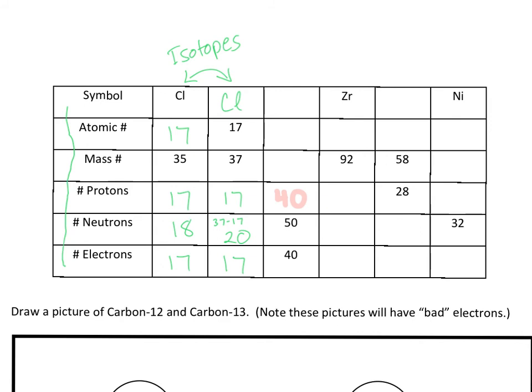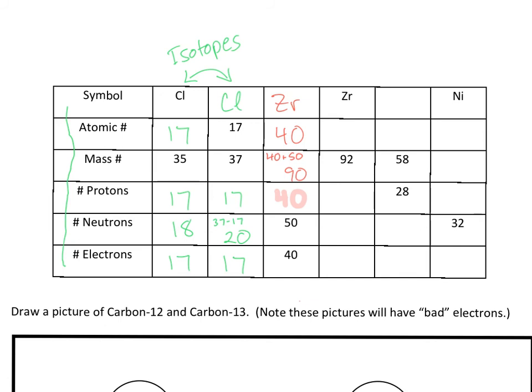Oops, I opened the highlighter. My bad. Okay, so if I have 40 protons, then I know my atomic number is also 40, right? And if it's 40, I can look at my periodic table and say what element has an atomic number of 40, and it's zircon. And if I'm going to find my mass number, I know that it's protons plus neutrons, so 40 plus 50 gives me 90.